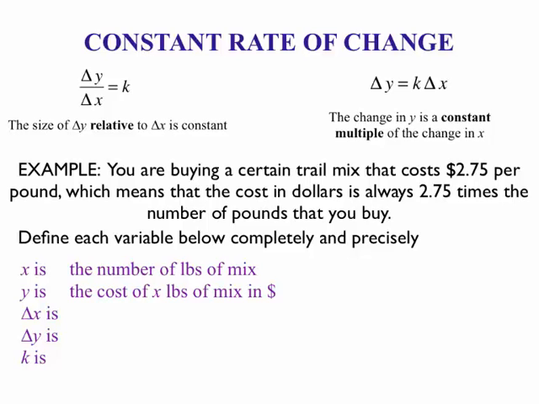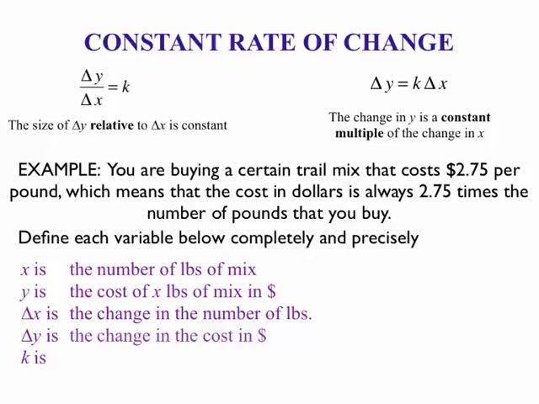So what would delta x be? Change in weight in pounds, or the change in the number of pounds. Delta y? Change in the cost in dollars. How much the cost changes for a given change in pounds.